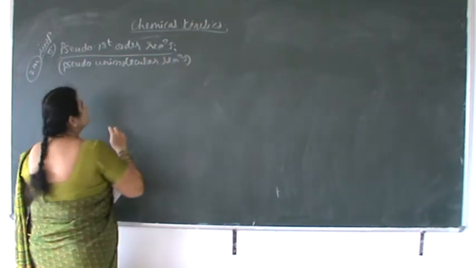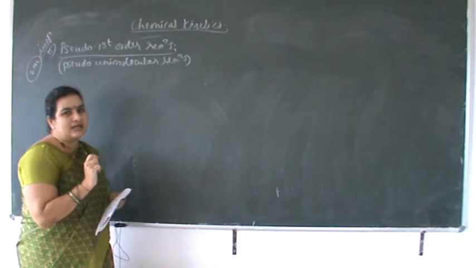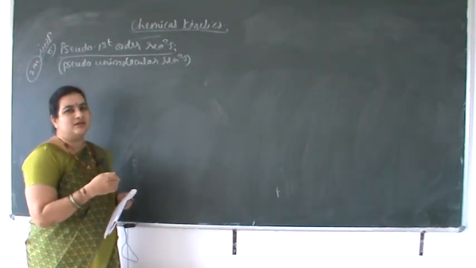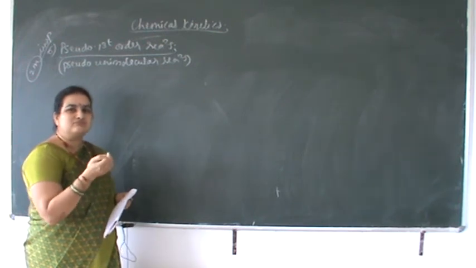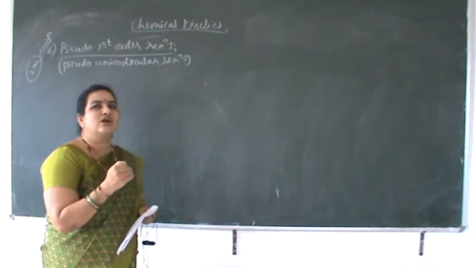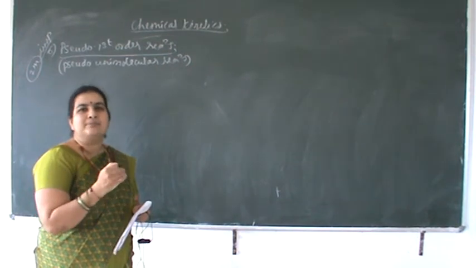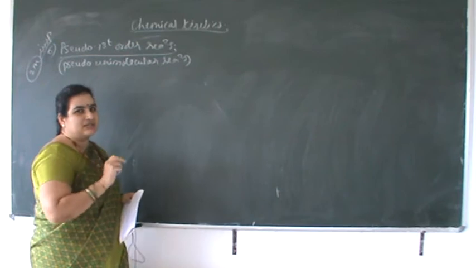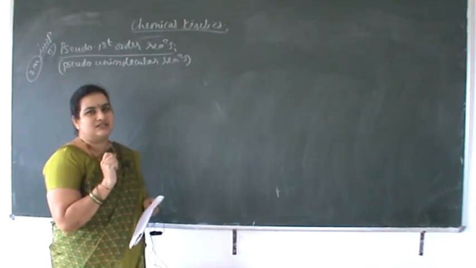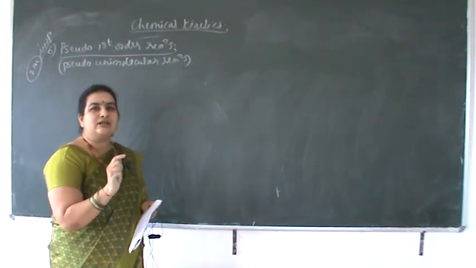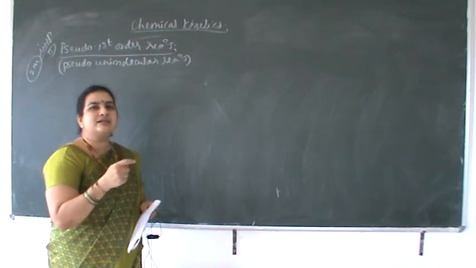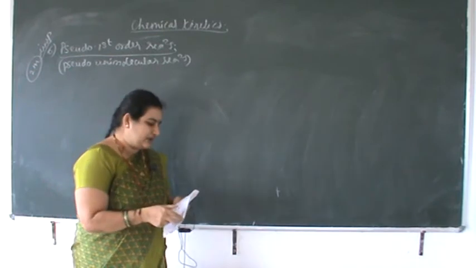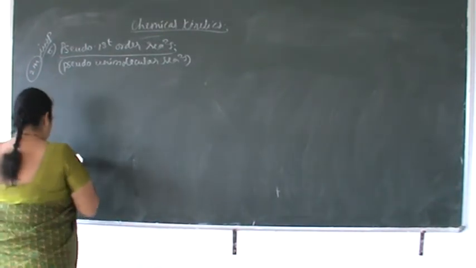Here, pseudo first order means these reactions are actually of higher order, but under certain conditions they can be converted to first order. Another definition is that reactions with molecularity greater than 2 but following order 1 are called pseudo unimolecular reactions.